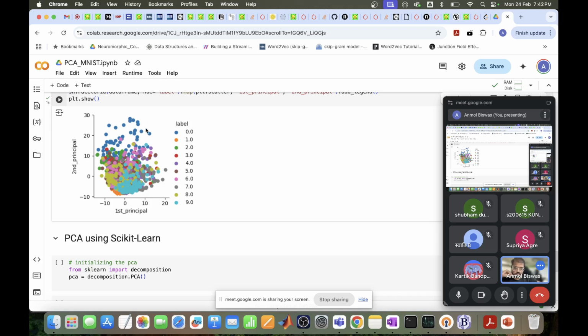And here you have a nice visualization, which was obviously not possible in the raw data set, because the raw data set had 784 dimensions, and there is no way that we can visualize that, because we are stuck in this 2D, max 3D paradigm. Even 3D, you cannot really visualize on a screen, because the screen is two-dimensional.